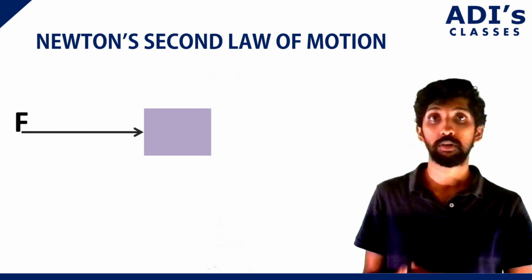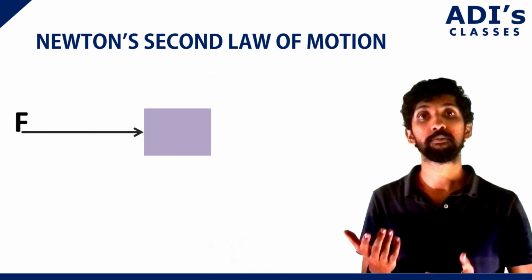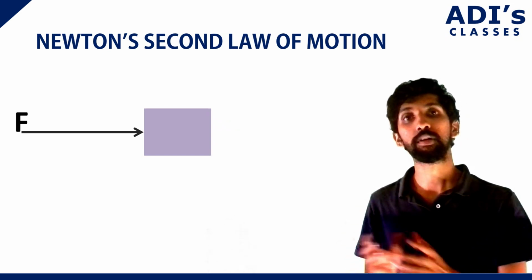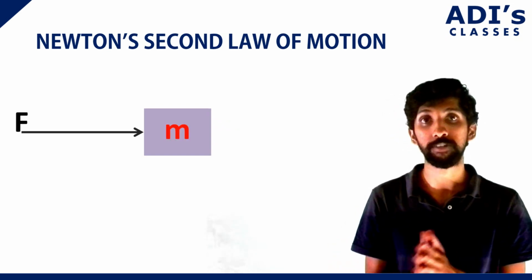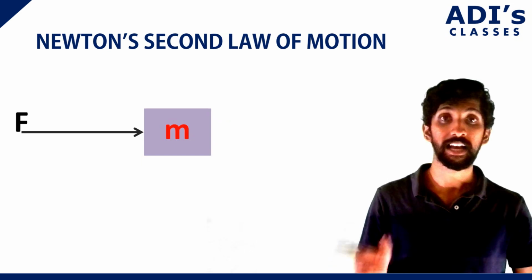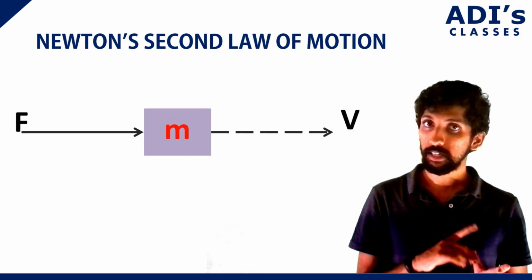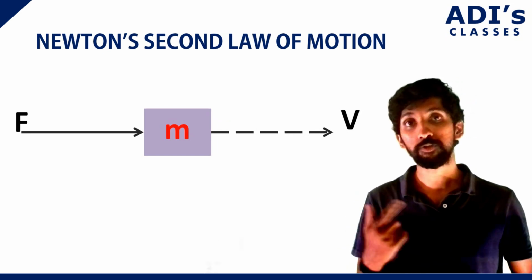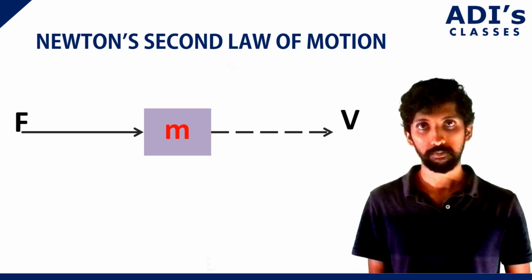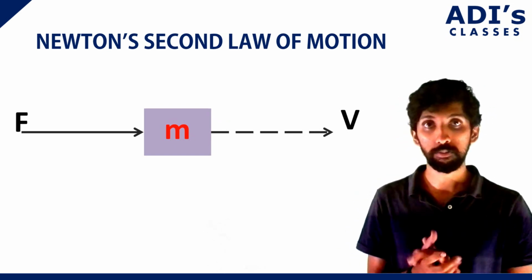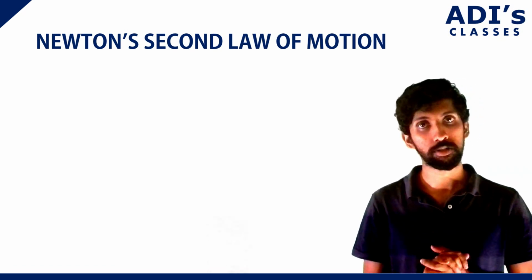It moves. So if you have an object of mass m and it is moving with some certain velocity v, that means it has momentum in it, correct? So basically here the rate of change of momentum and force applied on the object, these two are proportional, correct?